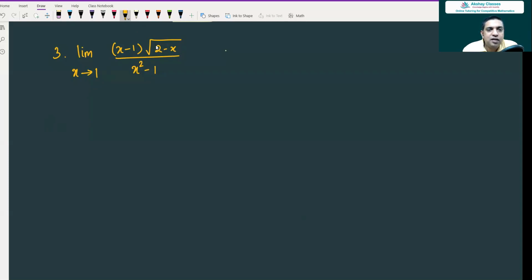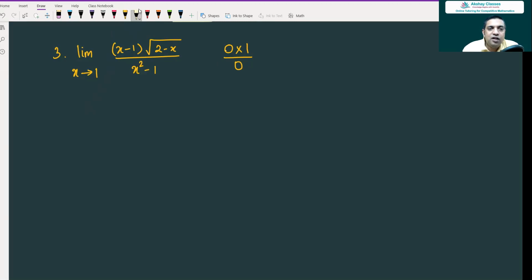As x tends to 1, 2 minus 1 becomes 1, so this square root of 1 will approach 1. So this first term goes to 0, the second term goes to 1, the third term goes to 0. So it is a 0 upon 0 form. So it's an indeterminate form.